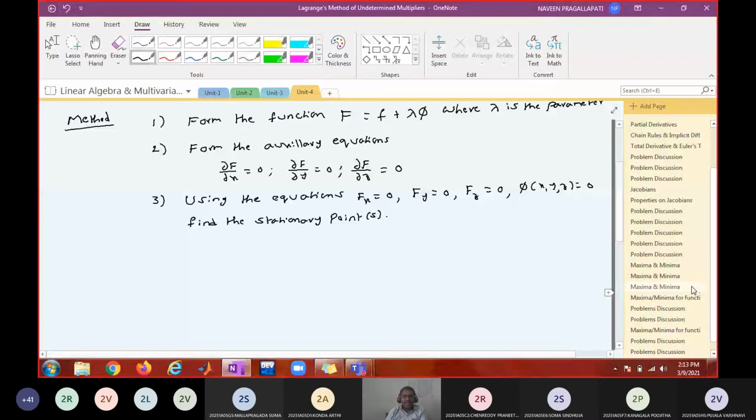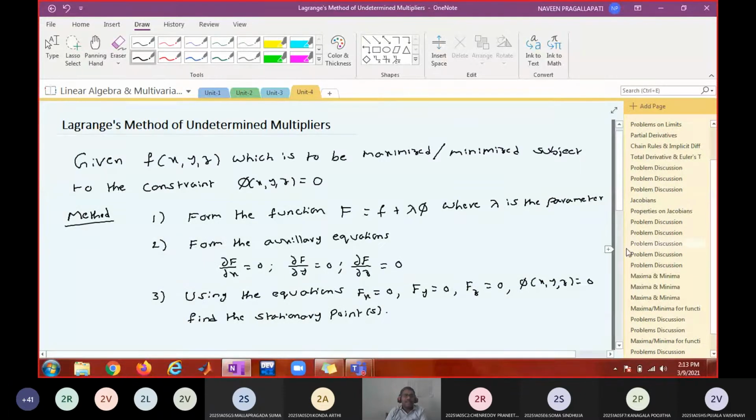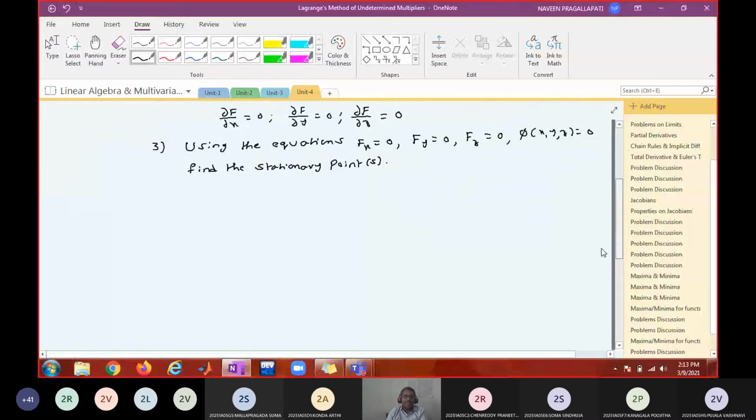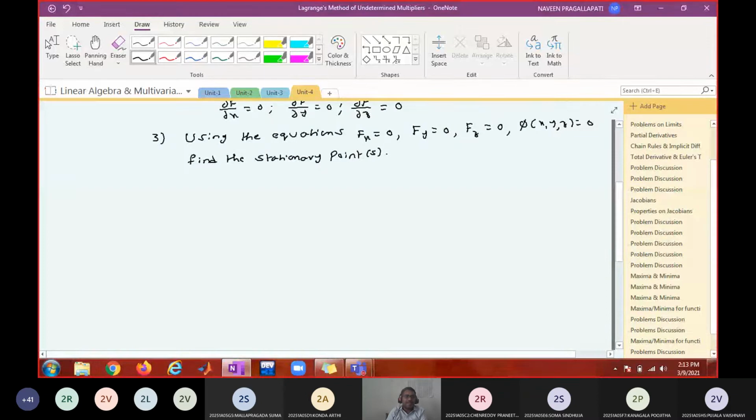Now, whatever the problems we discussed yesterday with constraints, we will redo the same problems again using this method, Lagrange's method of undetermined multipliers. What was the first problem? Find the shortest distance from origin to the plane.